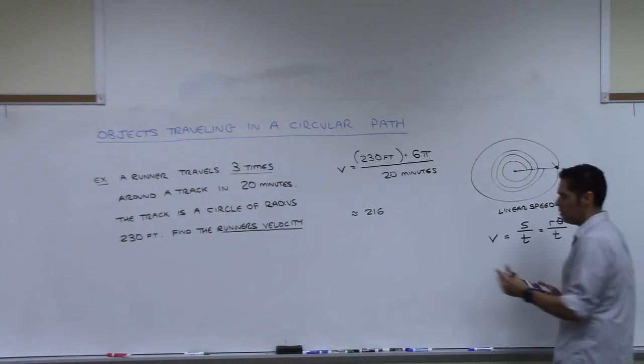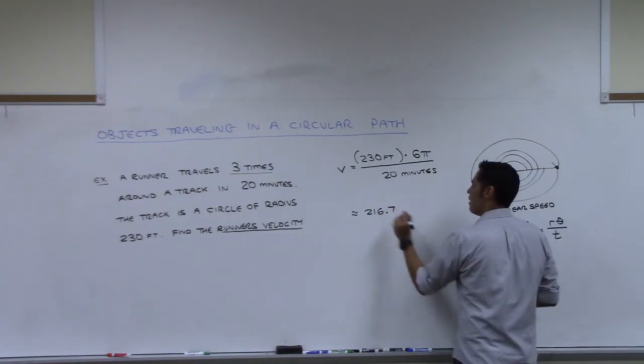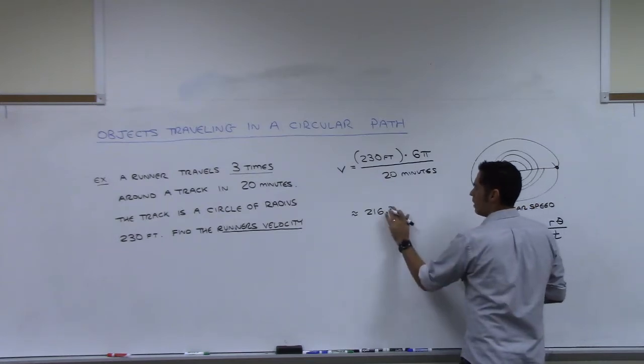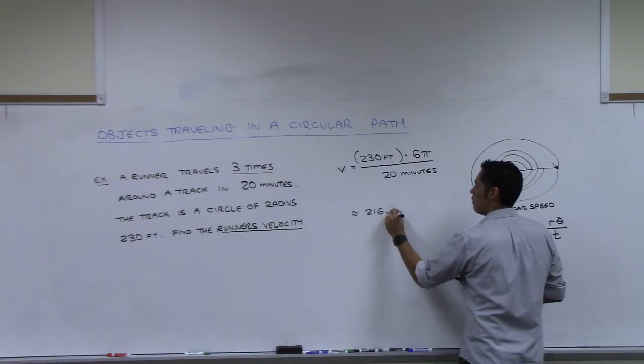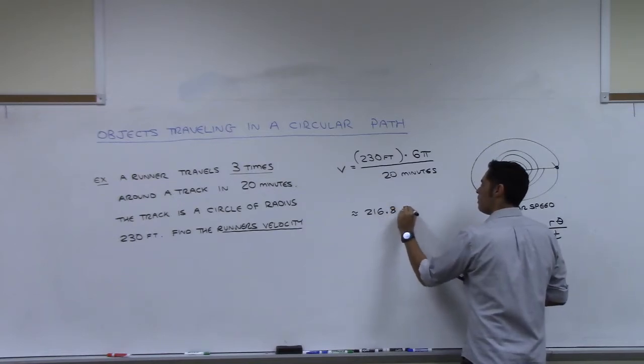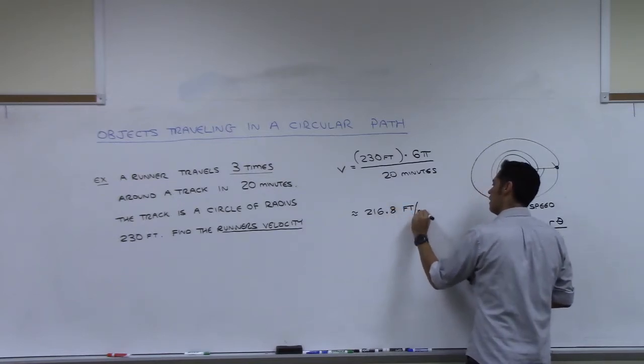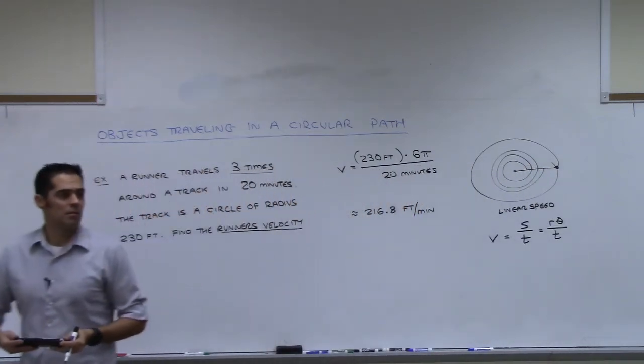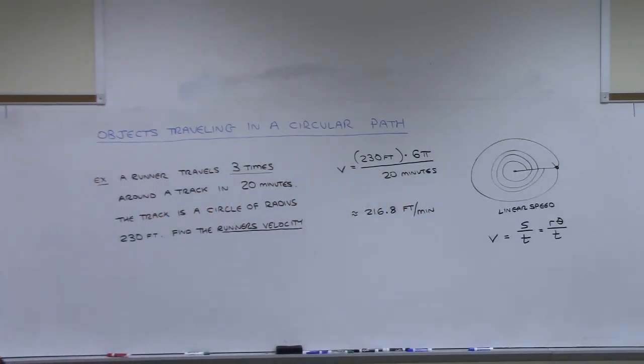Feet per minute? Yep, points. Let's go with 0.7. You could go 0.8. It probably rounds 0.8 better. 0.8 feet per what? Minute. And of course, you could convert that to miles per hour, but I'm not asking you to right now, okay?